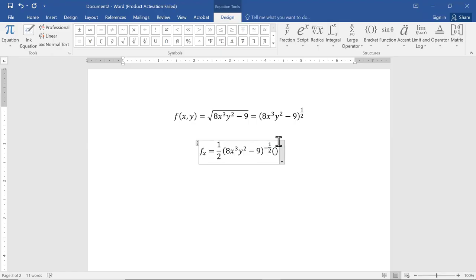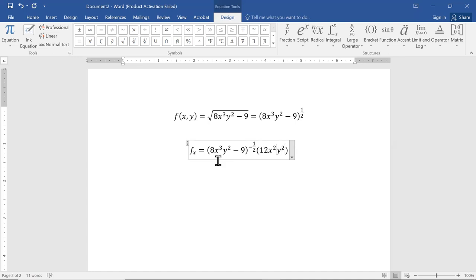Now, with respect to x, the derivative of the inside function is 24x squared times y squared plus 0. If I wanted to, I can rewrite this and say this coefficient of 1/2 can multiply times 24x squared y squared and give me a 12x squared y squared.